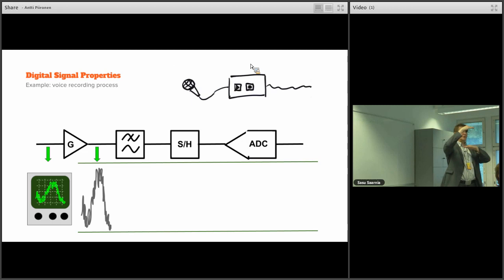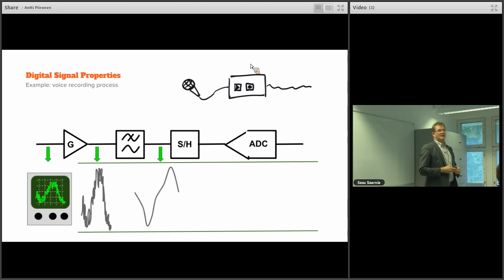You want to take that small signal and amplify it as much as possible without clipping. And then we need some filtering to clear the high frequency noise out.